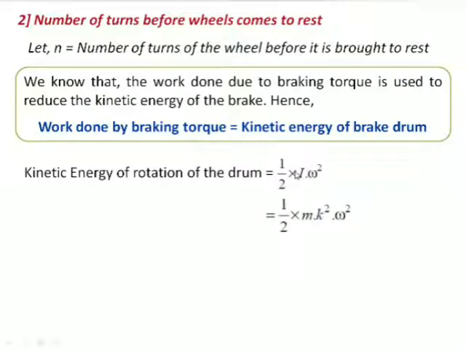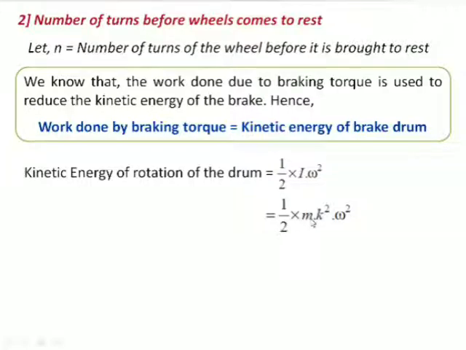Normally the kinetic energy is given by half m v square when it is expressed in mass and velocity. But when it is expressed in moment of inertia and rotational speed, it comes to be half of I omega square, and I, that is moment of inertia, is given by m k square, where k is the radius of gyration and m is the mass of the body.